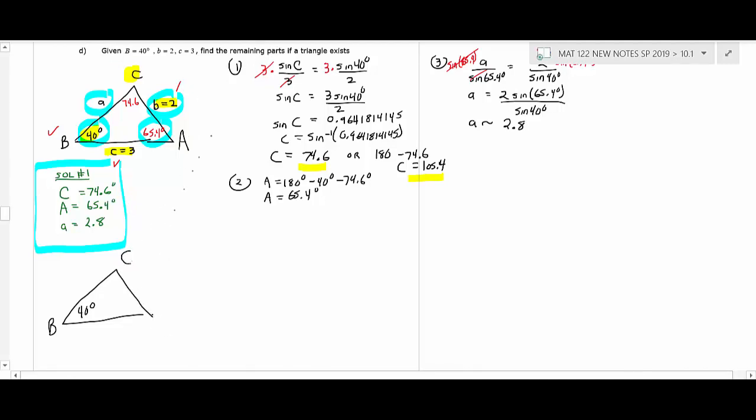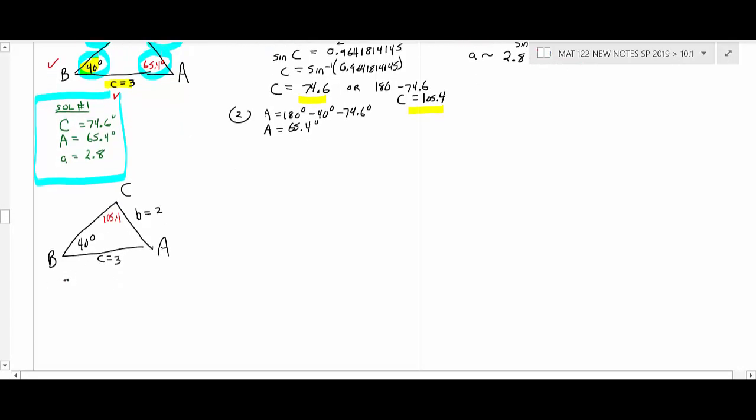So that's my side of my angle C of 105.4 now. Then I've got A. So in the original problem I was given B is 2, and I was given C is equal to 3. So what I have is I've got that.